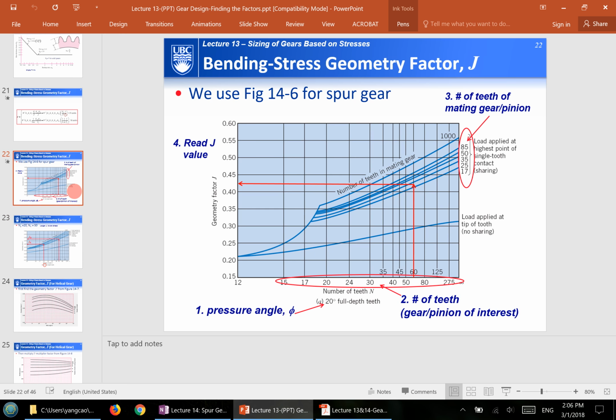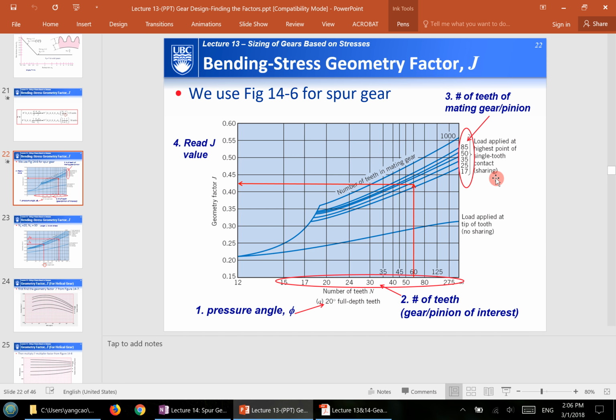So how do I use this figure to find the J factor? There are basically two clusters of curves. One cluster is over here, and then there's another single curve over here. If you read the footnote, for this cluster of curves it says the load is applied at the highest point of single tooth contact and sharing.